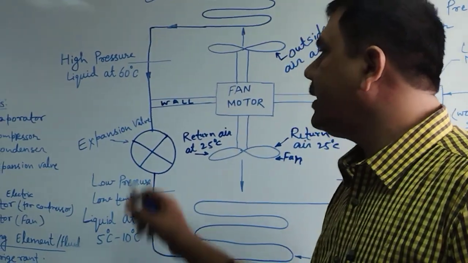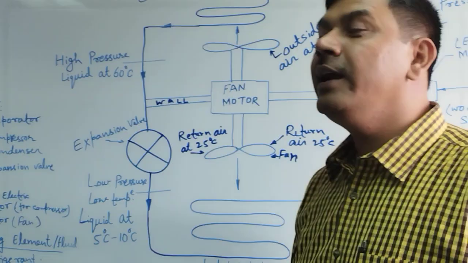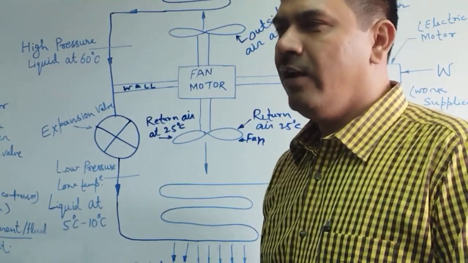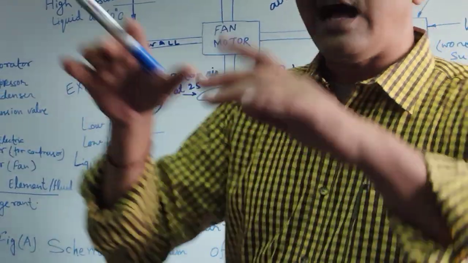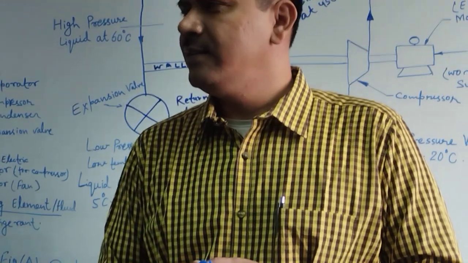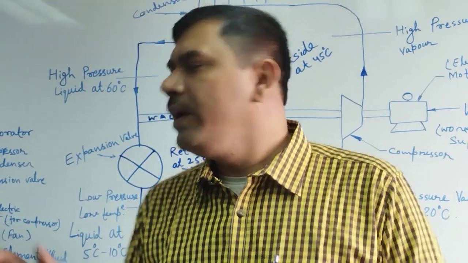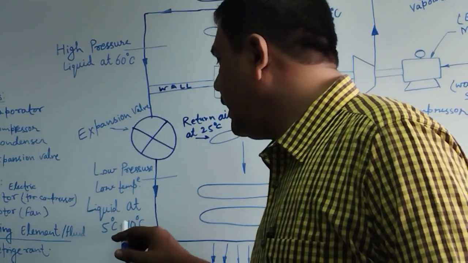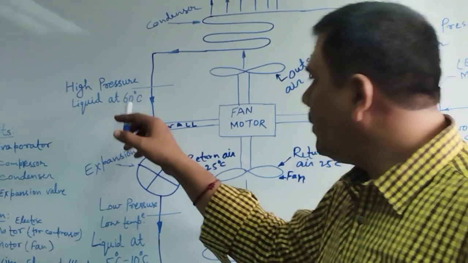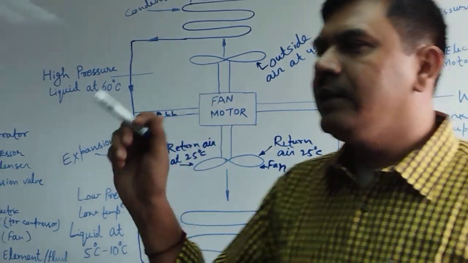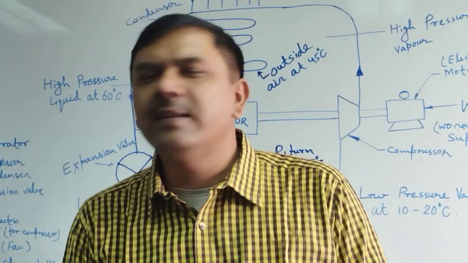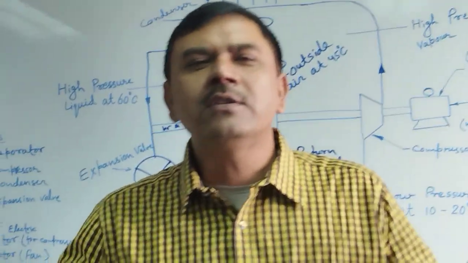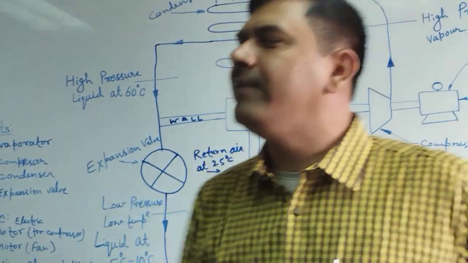the liquid goes from a state of 60 degrees to 10 degrees Celsius, which is less than our room temperature. If the fluid leaving the expansion valve is not less than 25 degrees Celsius, then it will not work, because our room temperature is also 25 degrees Celsius.